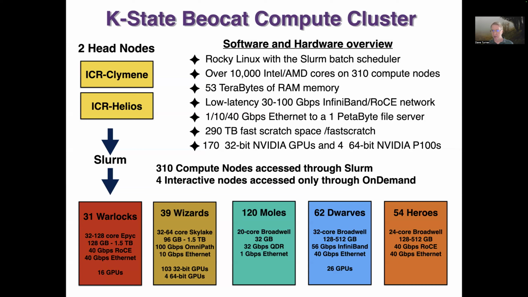I'm not going to go into much detail about this other than to refer back to some of the types of nodes that are in there. These are each high-end server nodes. So we have multiple compute nodes, we have multiple cores on each node, and we have 170 GPUs in BeoCat as well that can be used, in our case, not to do graphics, but to accelerate scientific codes.